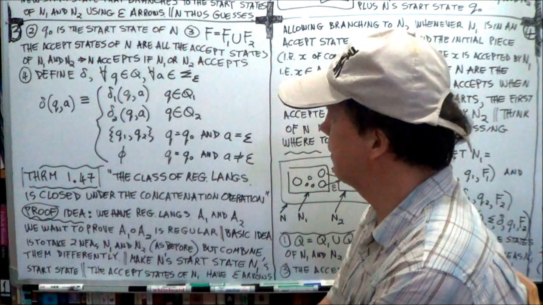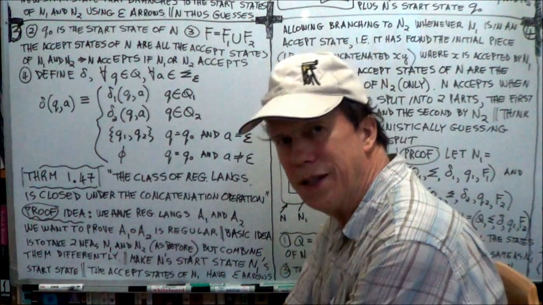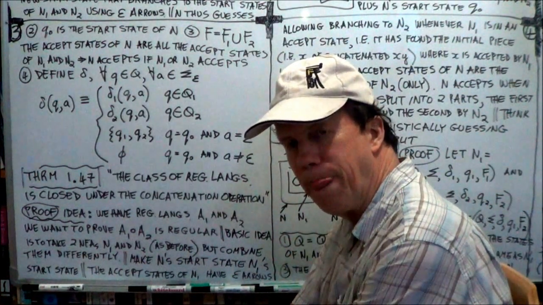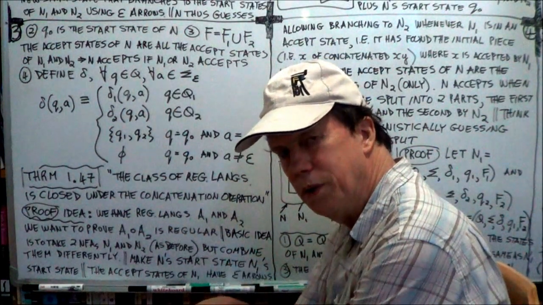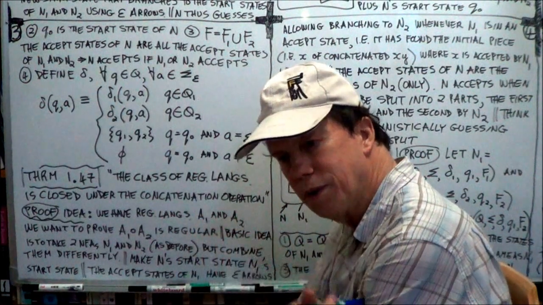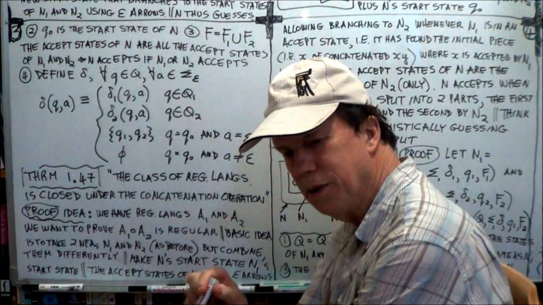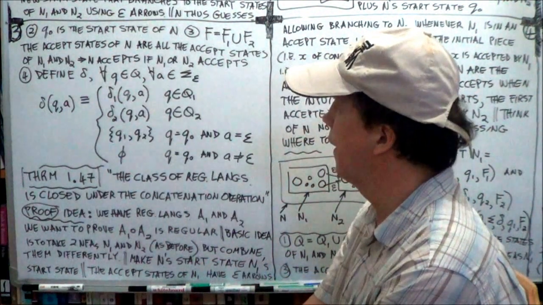So the current state is Q0, the starting state of your big machine N. And remember, from that starting state there were two epsilon arrows: one going to the starting state of N1, and the other going to the starting state of N2. Okay.